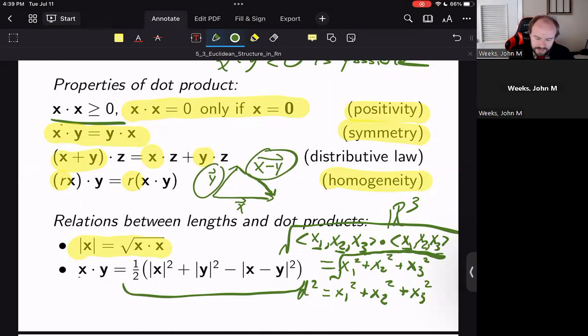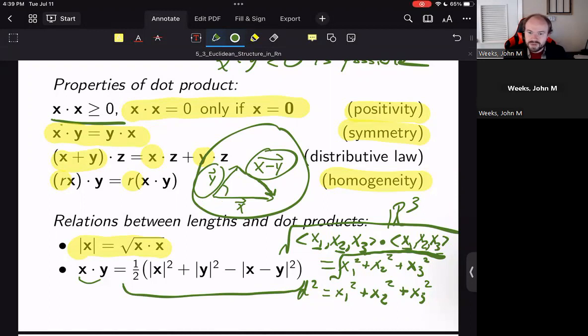This dot product, remember, is very related to the cosine of the angle. In fact, we know that x dot y is the magnitude of x times the magnitude of y times the cosine of the angle between them. There's a little bit of law of cosines inside of here if you're familiar with this. The reason that we get this is that we're looking at a triangle here where we can apply the law of cosines. And remember that the law of cosines can also tell us what the measure of this angle is.